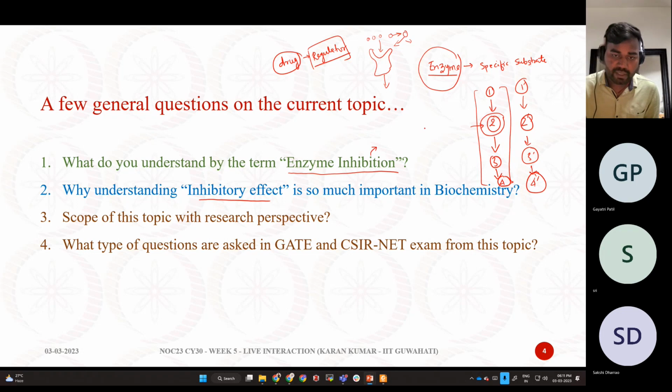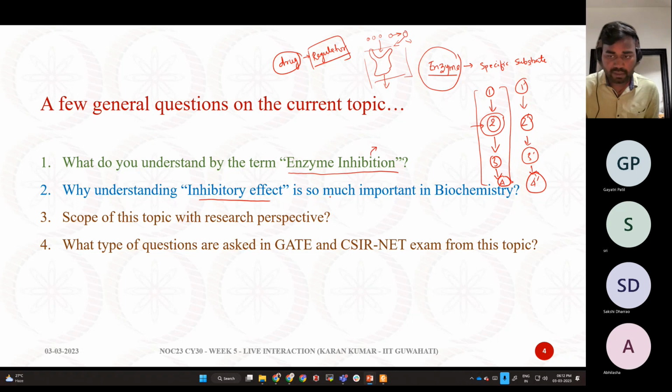If you want to stop that reaction, you can design that particular molecule using chemistry techniques, and then you can finally dock that molecule with your receptor or enzyme which is responsible for that reaction. So that is why enzyme inhibition is so important to understand. It will give you a lot of opportunity to regulate your reaction of interest.